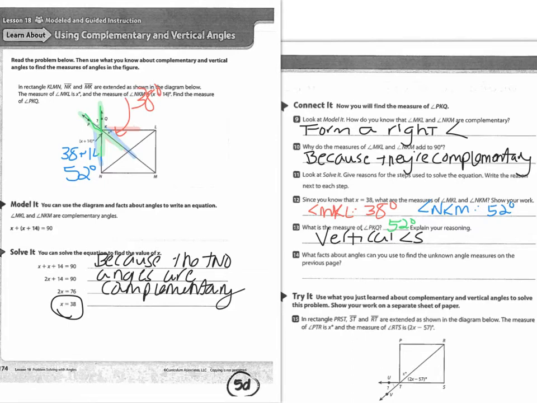So on the previous page, we used complementary angles, that angles add up to 90 degrees if they form a right angle. And we used vertical angles, that vertical angles are congruent.